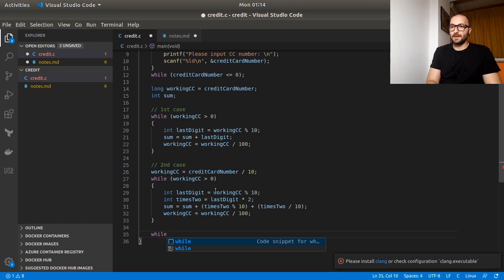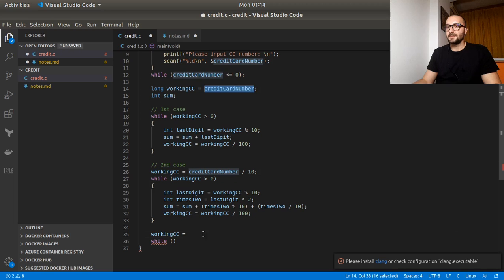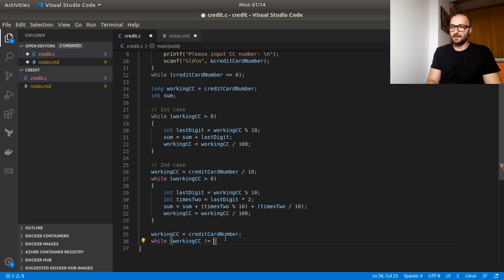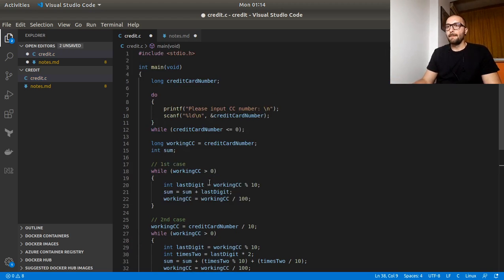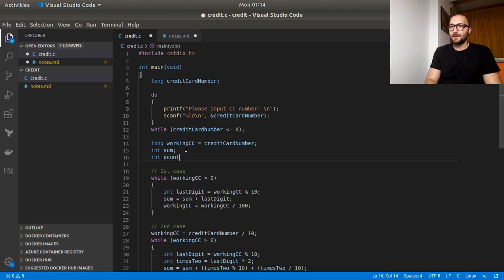So while we would actually need working CC again, replenished, so to say, we will send the credit card number to it again. So while working CC is not equal to 0, let's create a variable here, count equals 0.